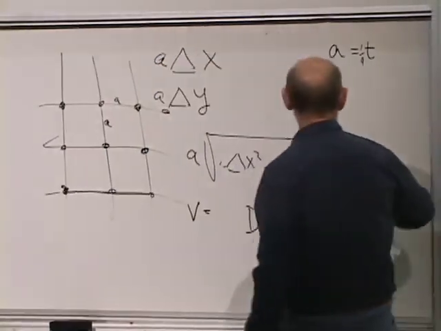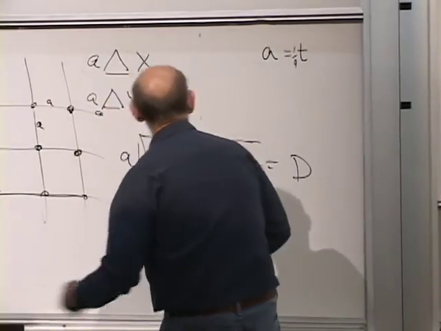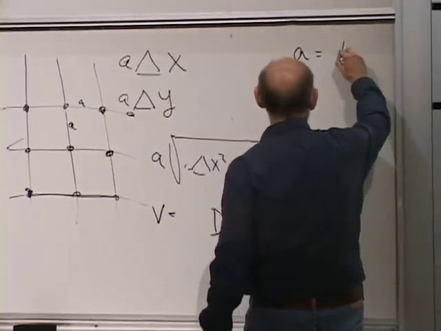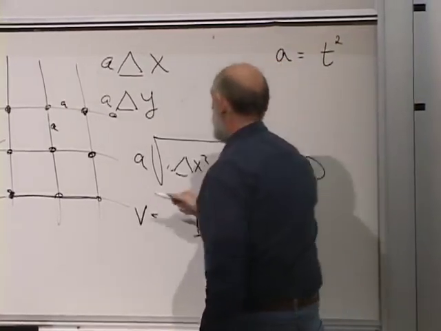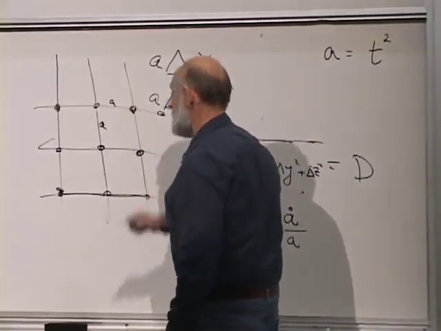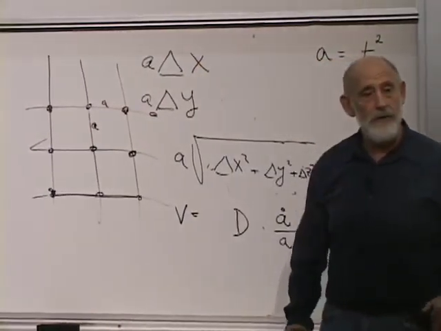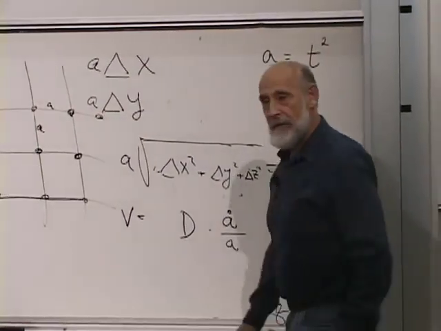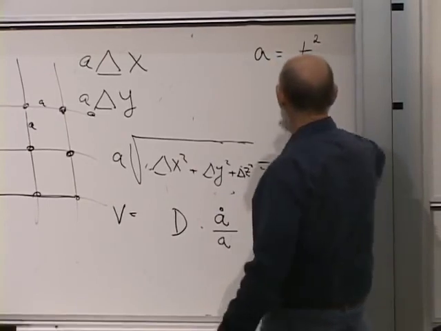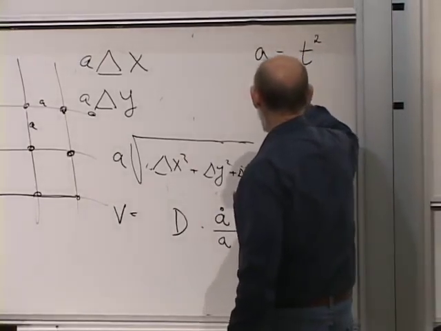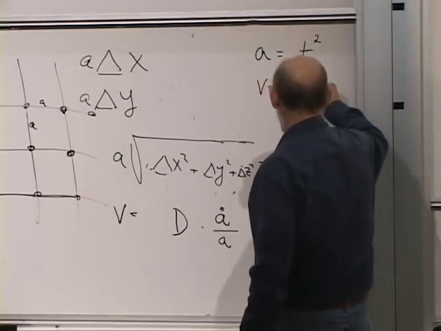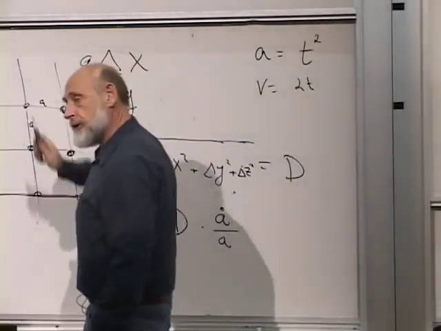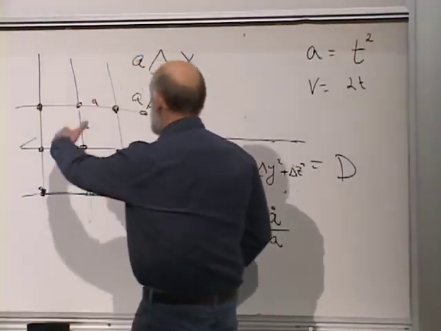Here's another example. Supposing A increased like t squared. The distance between this galaxy and this galaxy is increasing like t squared. What is the velocity between them? 2t. The velocity is just 2t. In this case, the velocity between these two galaxies is increasing with time. All right?